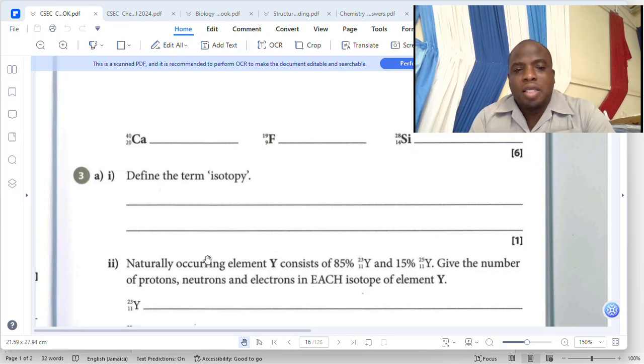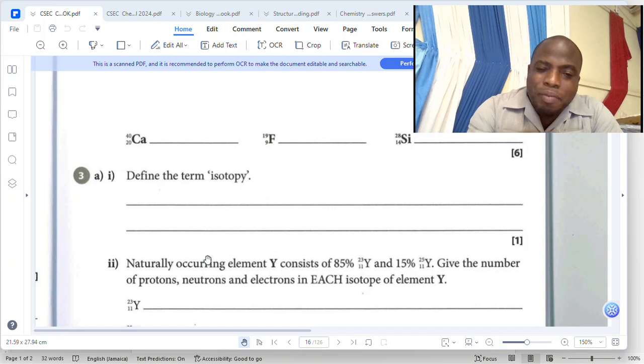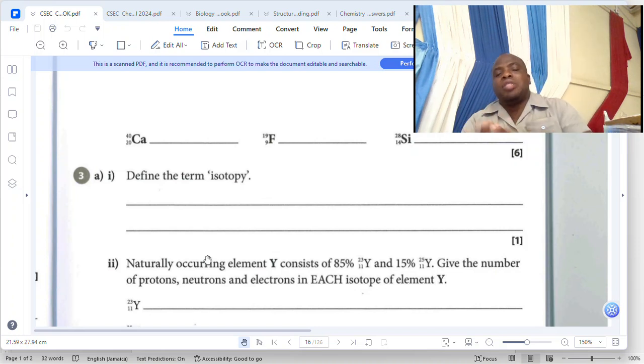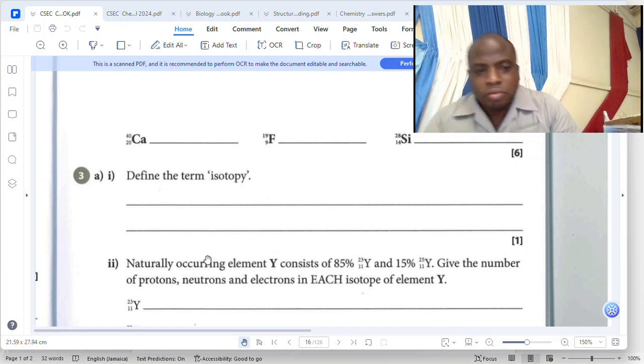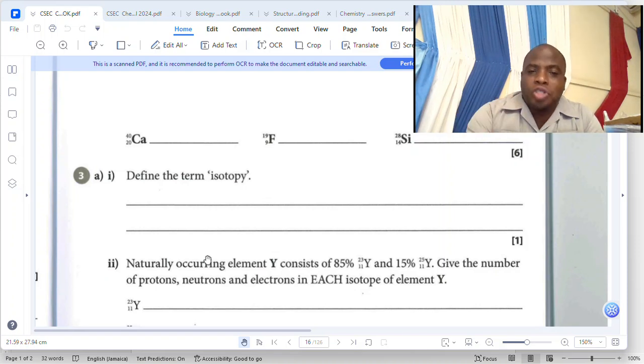This is when atoms of the same element have the same number of protons, because we know that the proton number defines the element. But what is different is the mass number. The mass number is different due to the fact that the neutrons are different.